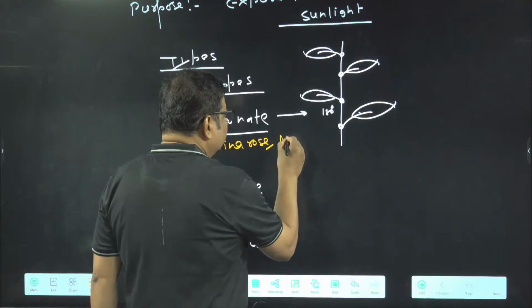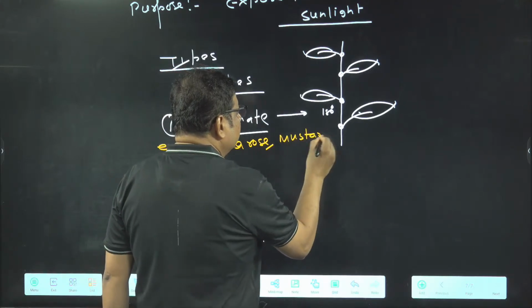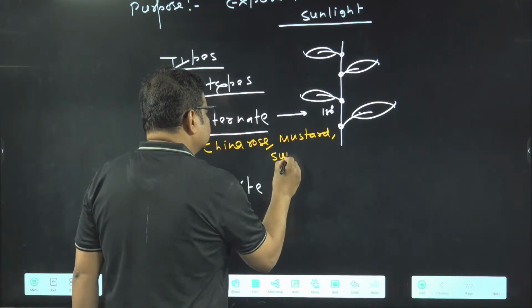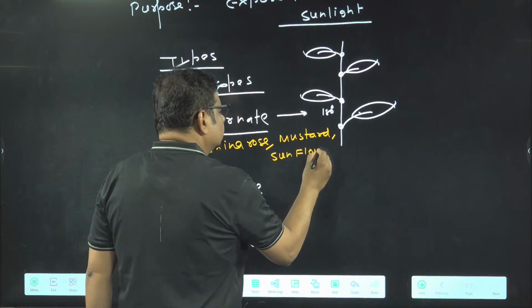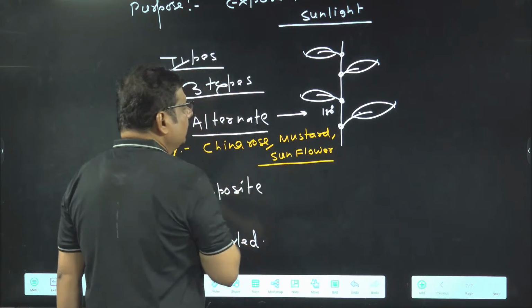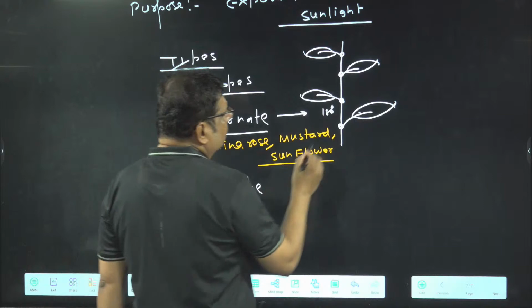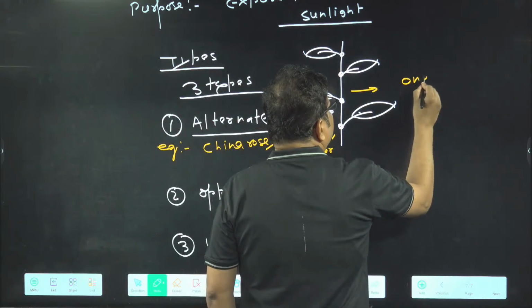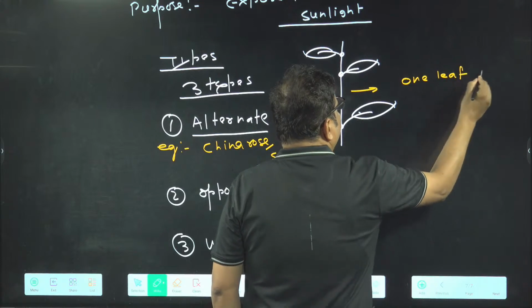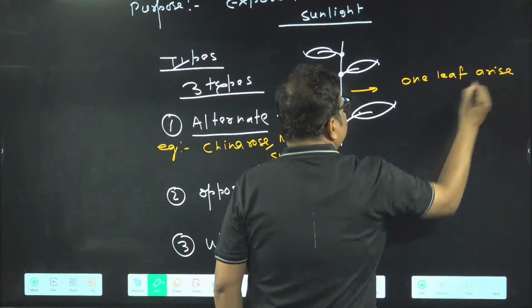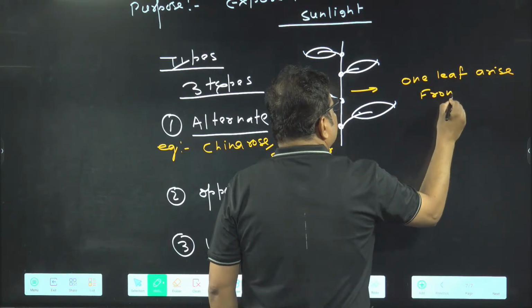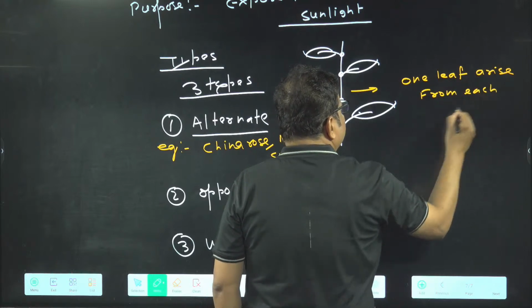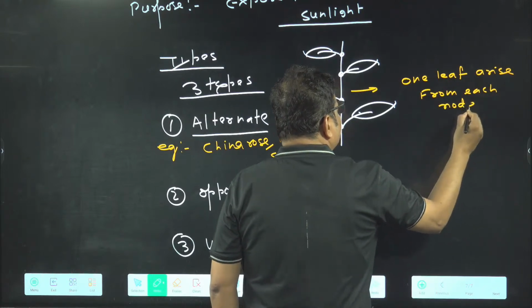Very good. Another example, sunflower. So this is alternate phyllotaxy. In alternate phyllotaxy, what are we finding? One leaf arises from each node. Got the idea?